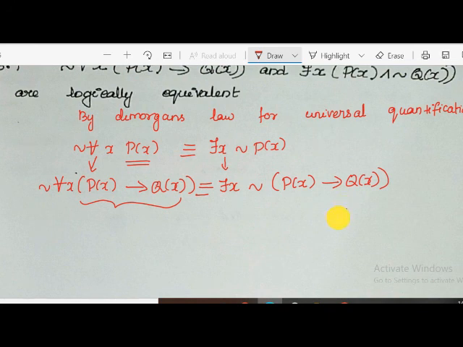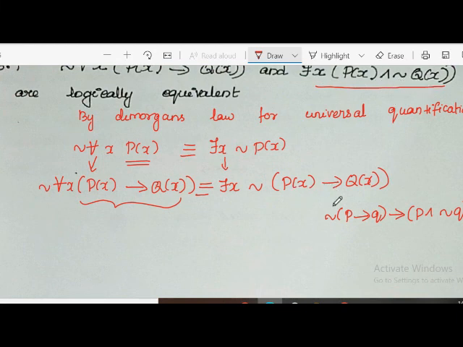The statement is: negation of p implies q is equivalent to p conjunction negation q. So I think it looks in this format. So there exists x, p of x conjunction negation q of x.